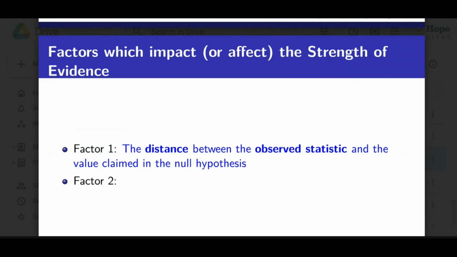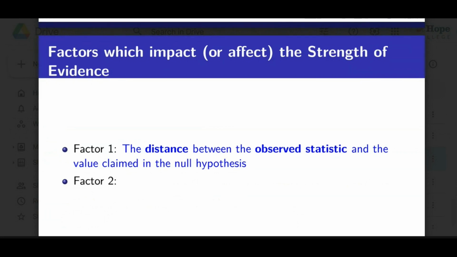Anyone have any ideas at all? What is the second thing that can affect strength of evidence? Distance is one. The other one would be? Because we were just saying that distance alone is not enough. So what is the other thing? Distance is definitely one factor. What's the second factor? Anyone want to try? Yes.